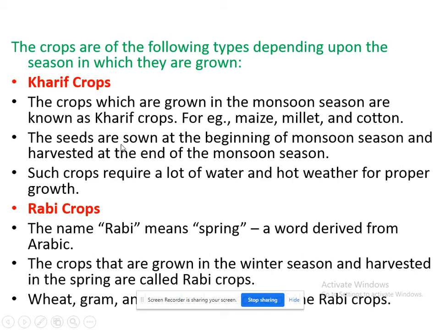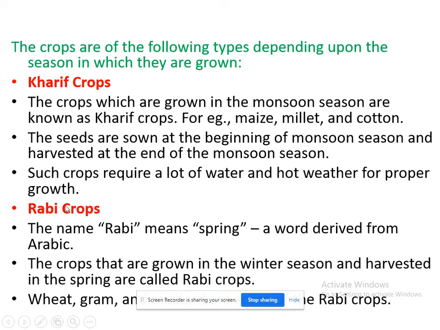So maize we are going to sow in the soil at the beginning of what? Monsoon season. And already we know that monsoon season will carry on for 4 months. So at the end of monsoon season, these maize crops are harvested to get a crop of what?